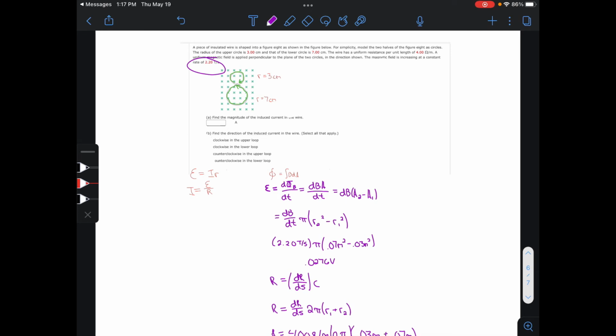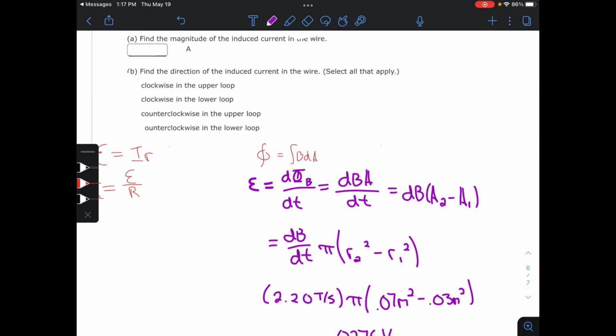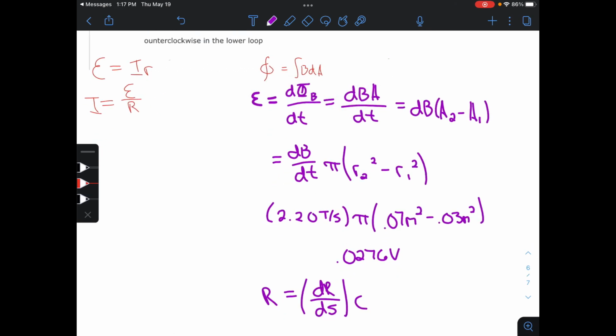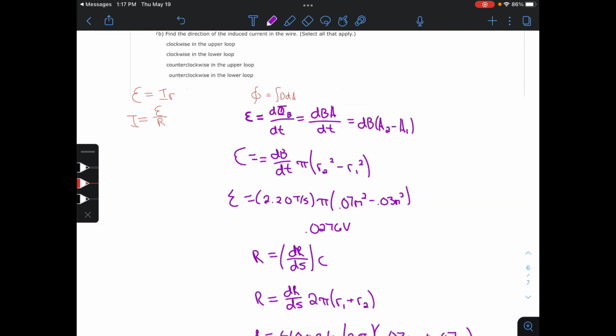And we found the volts because E equals the derivative of the change in flux over time. That's equal to change in field times the area, right? We have a value for our change in field, and we just need to find our area values. Using that, we found our E, but now we need to find our resistance.